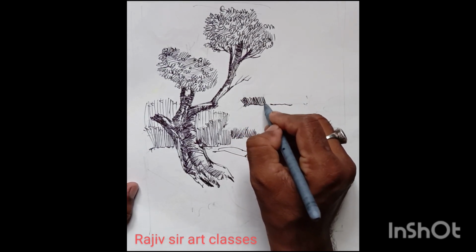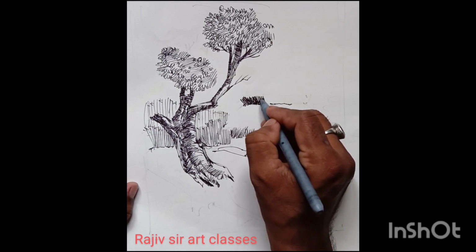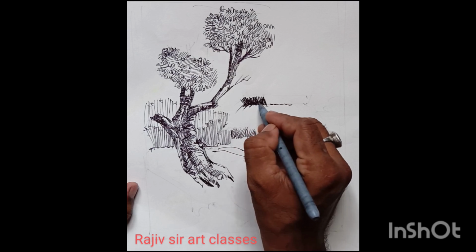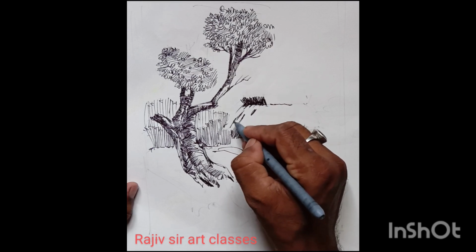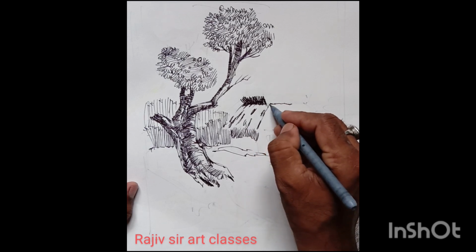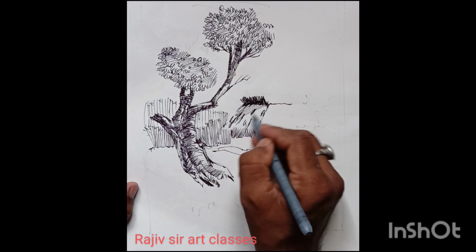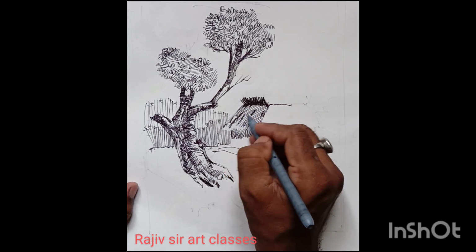See, this portion of the hut is receiving less light, so that is why the lines are very dense, they are very close, and thus they are creating the darker version of the same color. So whenever you need a dark color while using pen and ink, whatever color you choose, you have to keep the lines very close so as to give the darker value of the color.